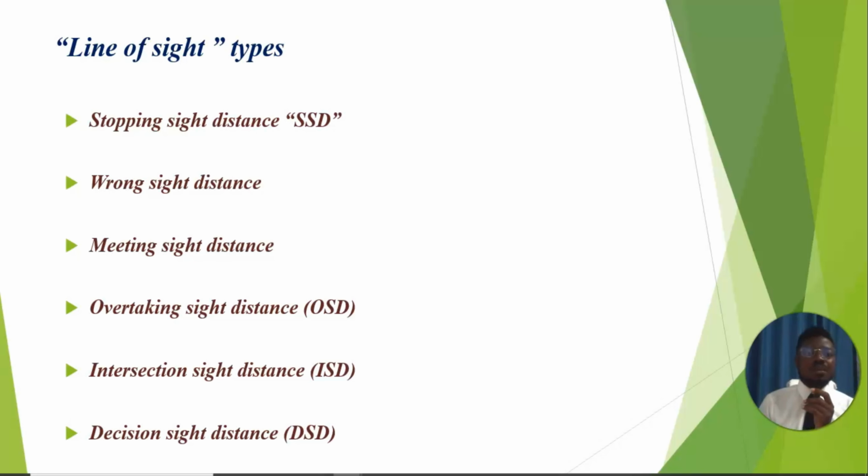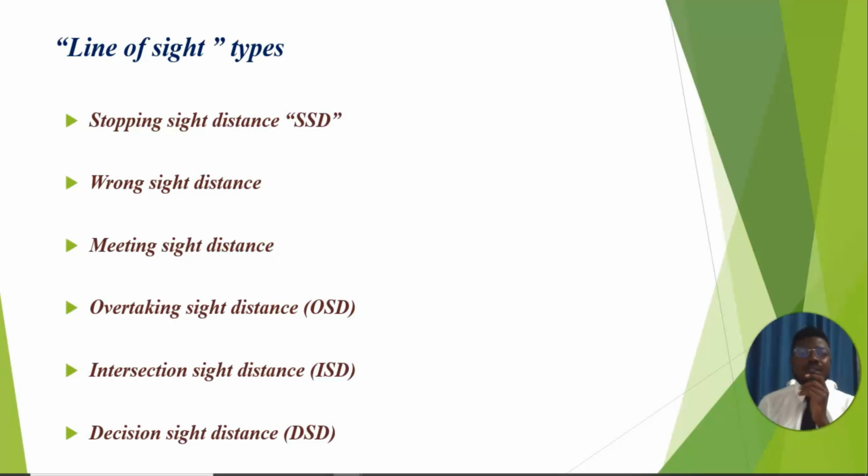The line of sight helps to have an understanding of what we call the stopping sight distance, which is called the SSD. That is understanding the shortest distance the driver needs to stop when he finds an obstacle he cannot bypass. So that possible shortest distance is what we call the stopping sight distance.